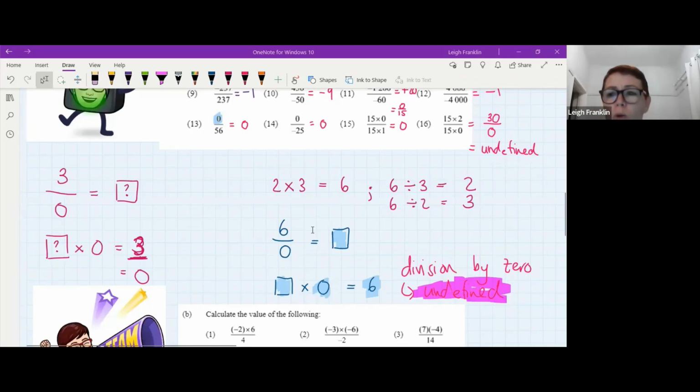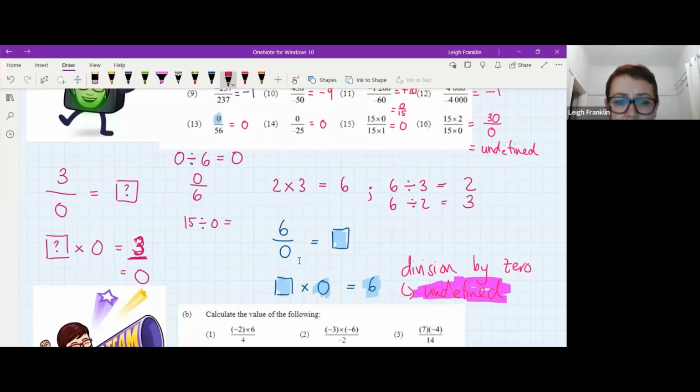What we can do is take 0 and divide 0 by a number. So I can say 0 divided by 6 and I get 0. That's like me getting 0 out of 6 for a spelling test. It means I got nothing right. But what I can't do is take a number and divide that by 0.